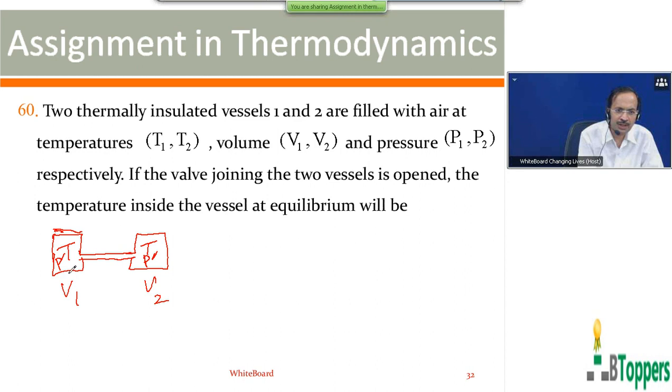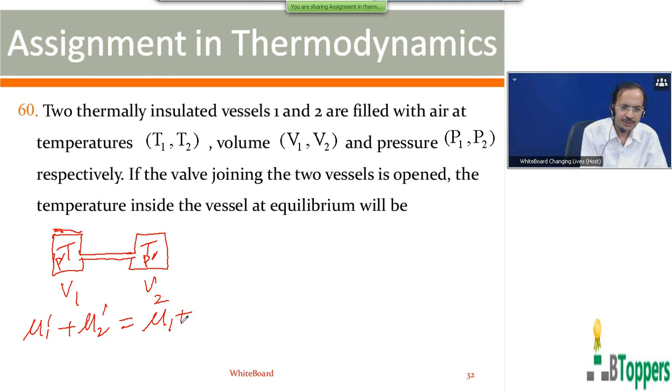And secondly, the total number of moles of the gas in the two vessels remains constant. Applying conservation of number of moles, because the two vessels are filled with the same gas, there is no chemical reaction. Number of moles remains constant. So final number of moles in the first vessel plus final number of moles in the second vessel is equal to initial number of moles in the first vessel plus initial number of moles in the second vessel. From the perfect gas equation, PV equals nu RT, or nu can be written as PV by RT.